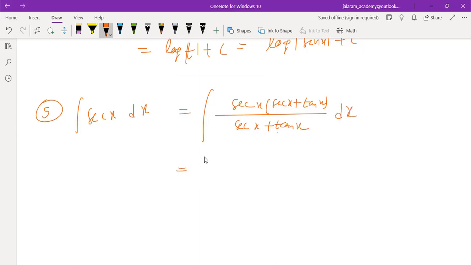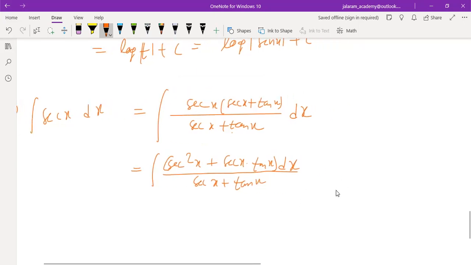Some questions are such that we have to learn their methods. On multiplying sec square x plus sec x into tan x, if you prove it once or twice, you will understand why we are multiplying and dividing by sec x plus tan x.